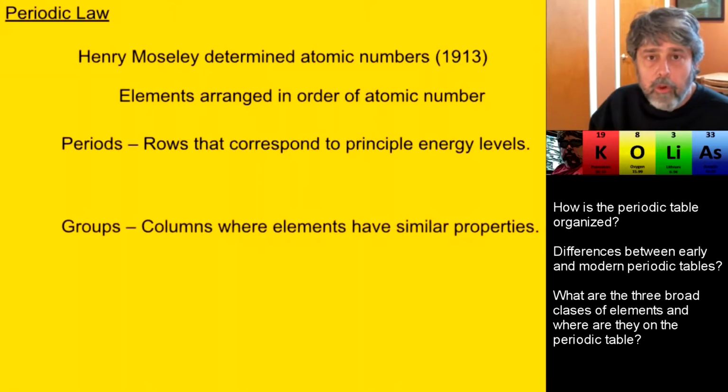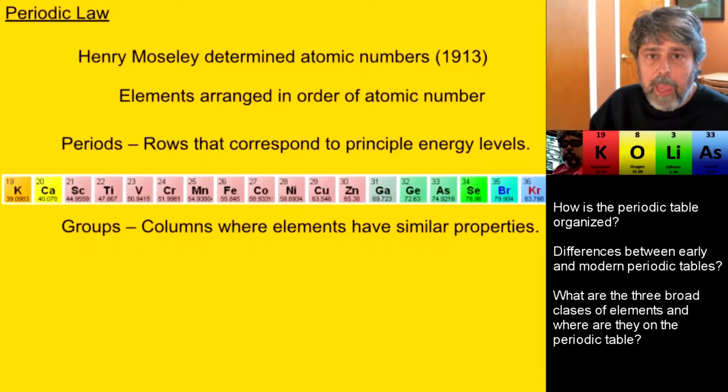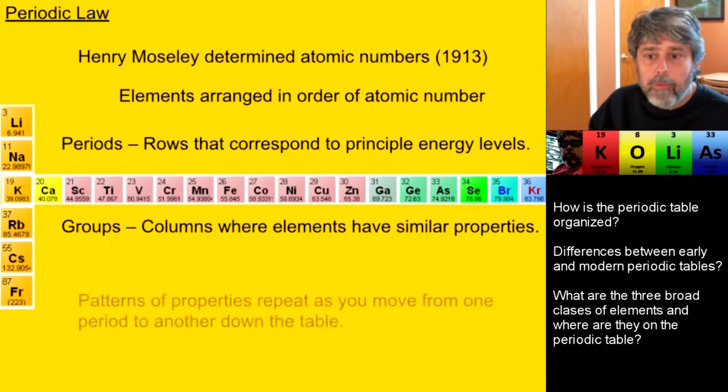Then we have the groups, which run vertically up and down. These are columns where elements have similar properties. All elements within a group share similar properties, mostly because of their valence electrons. We'll learn about that a little bit later. But for now, just understand that horizontally, the rows are called periods, and vertically up and down, they're called groups.